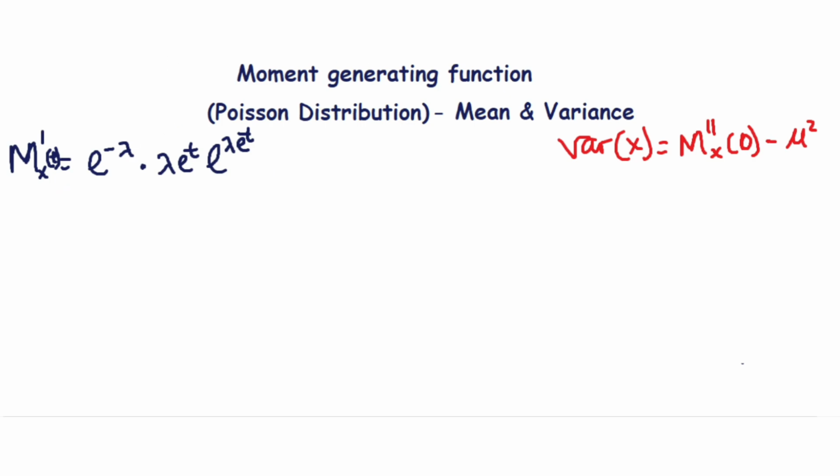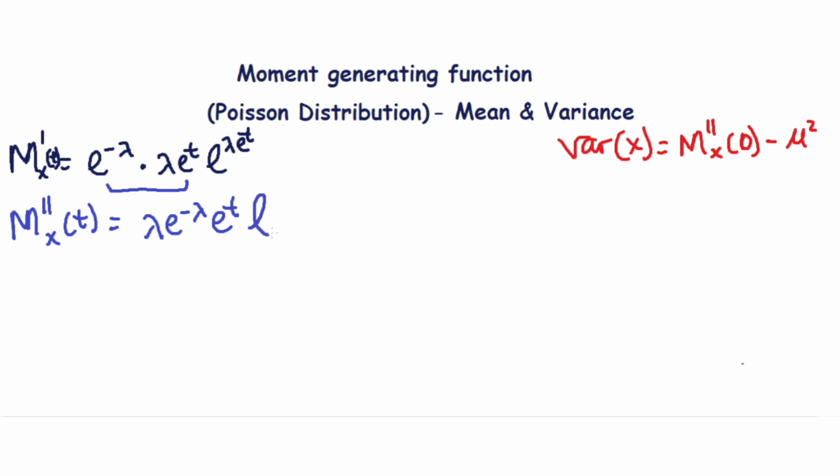So our second derivative, M double prime of t, I'll treat as a product function. I'll take this first part, which still remains the same: lambda e raised to the power of minus lambda e raised to the power of t.